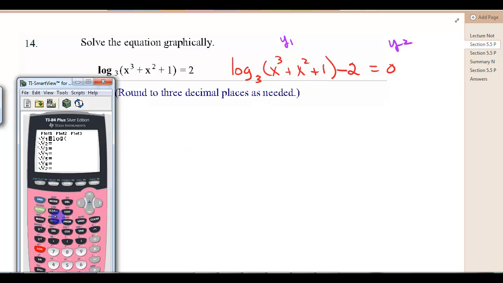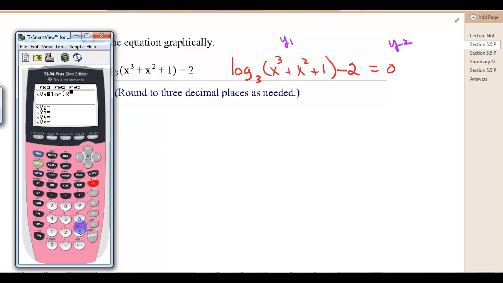So I'll have x cubed plus x squared plus 1. So log of that divided by log 3, close, and close again.